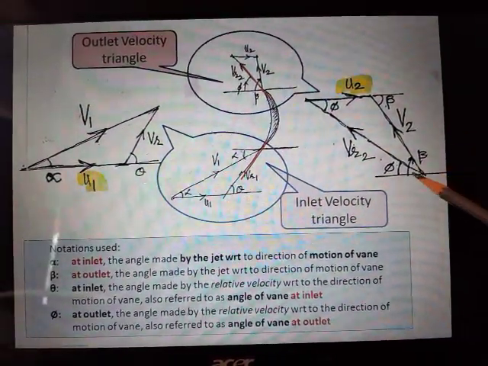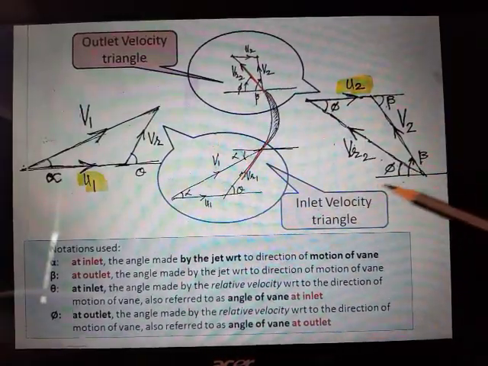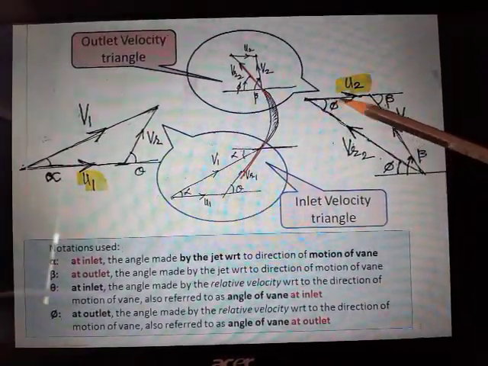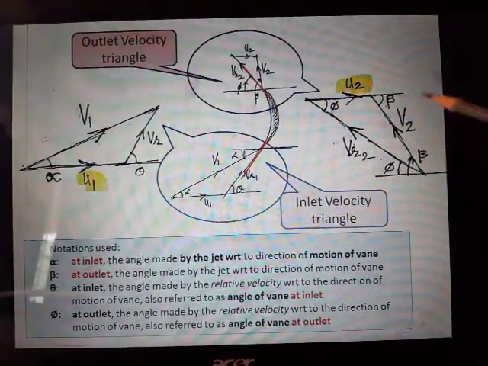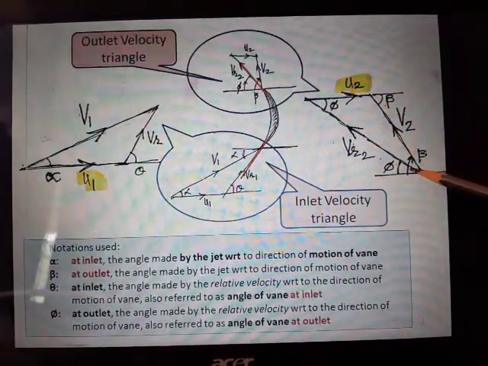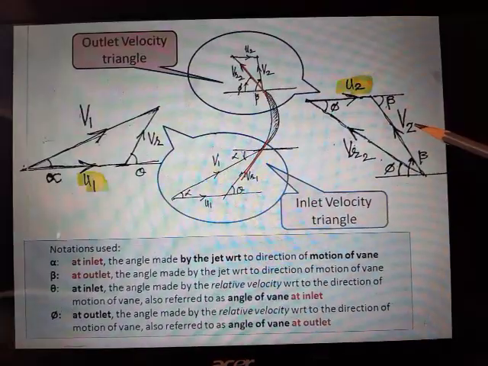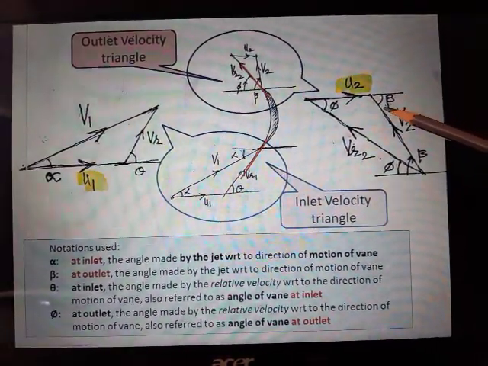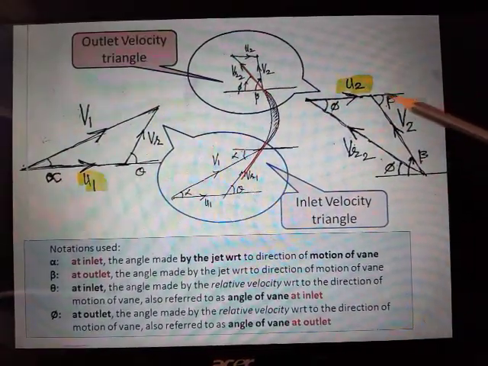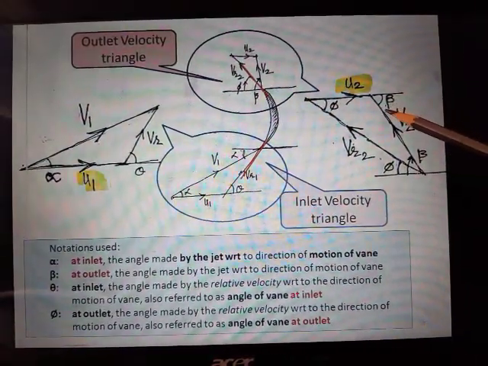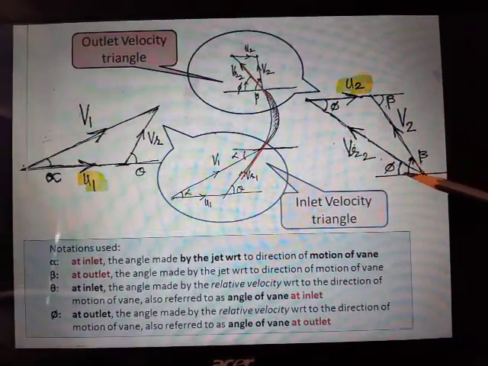The same way here at the outlet, the direction of motion of the vane is this way, horizontal. This is the jet, the velocity of the jet is V2. So the angle between the velocity of the jet and the direction of motion is represented by beta, this way.